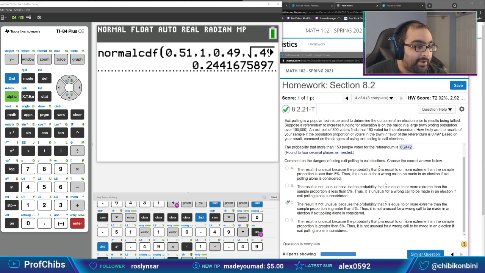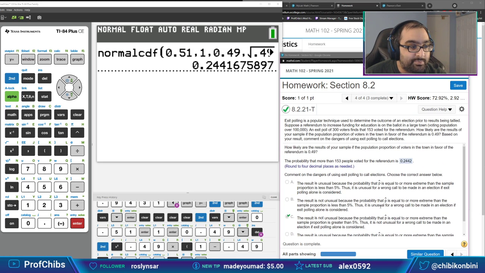So the lower bound and the upper bound there are dependent on whatever the probability asks you, right? You go from 0 to 100 there, JD, okay? So if it said more than, in this case we went from 0.51 to 1. So that would be your lower bound.